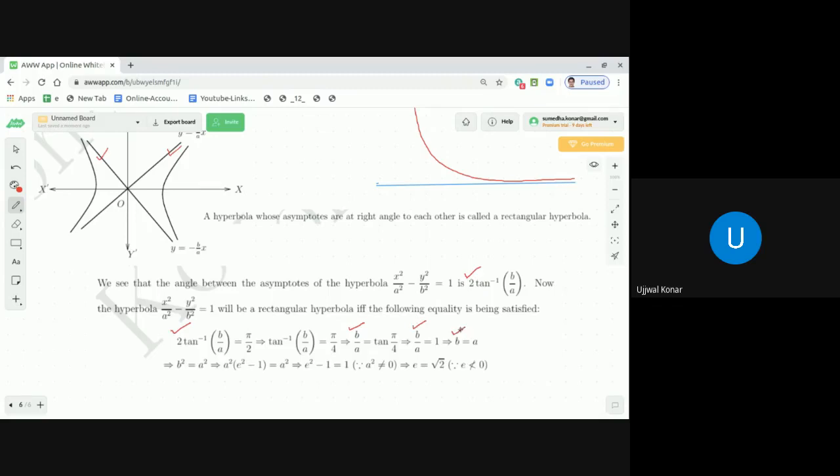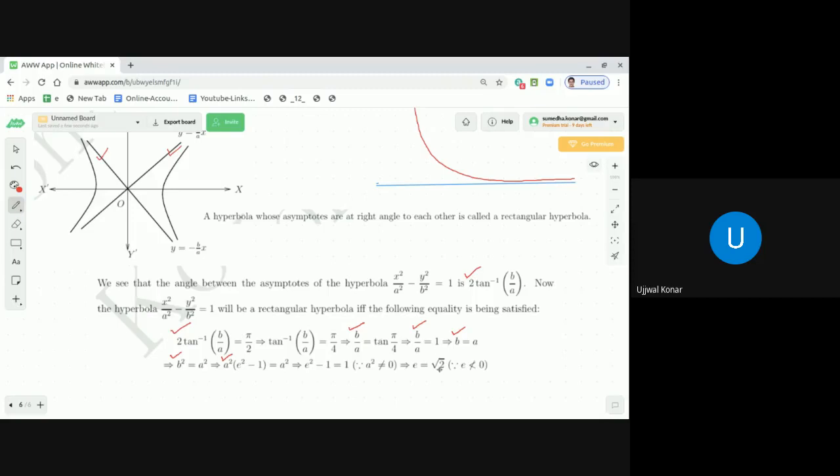The moment we get b is equal to a, we get b square equal to a square. And b square is what? In case of hyperbola, the relationship between b, a and e is that b square is nothing but a square into e square minus 1. So we get a square into e square minus 1 is equal to a square. Hence we get e square minus 1 is equal to 1, since a square is not equal to 0.